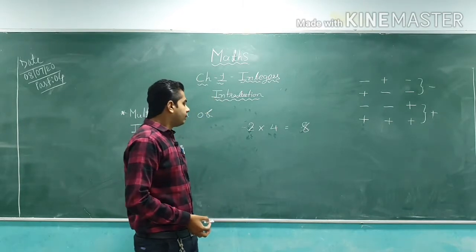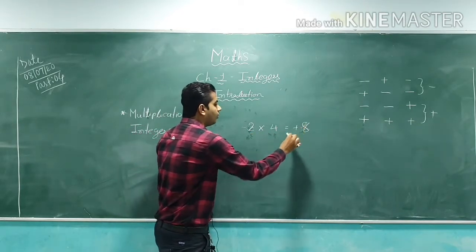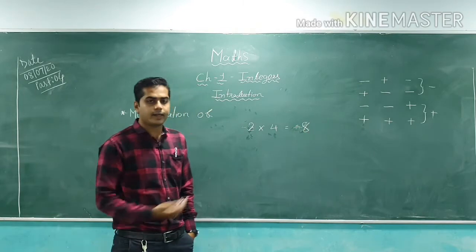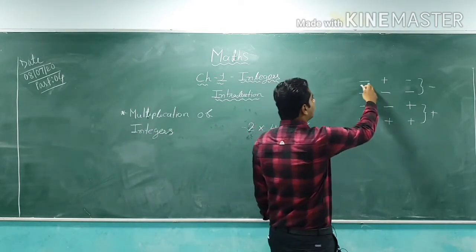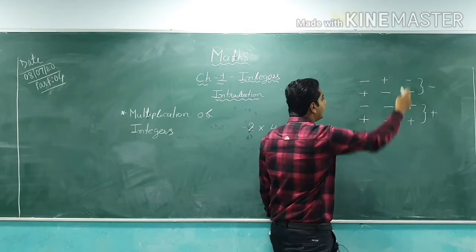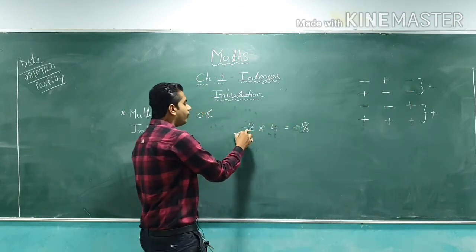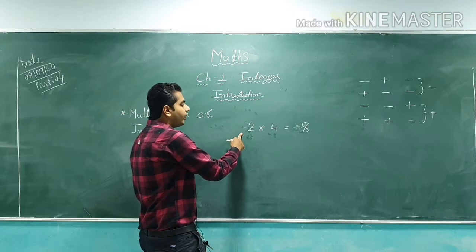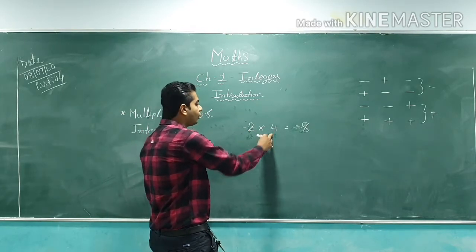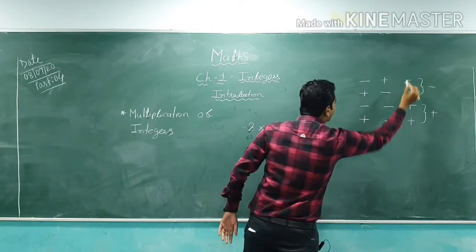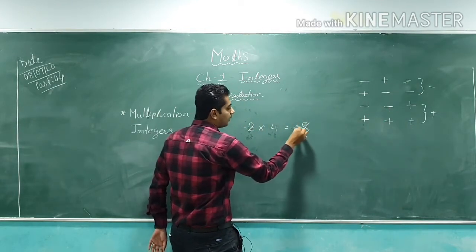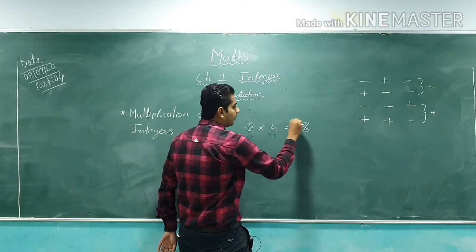That is the question. Either I put plus or minus. How can I decide that? For that we have rules. Here we have 2 with the sign of negative and we have 4 with the sign of positive. So negative, positive is what? Negative. So here the answer is -8.